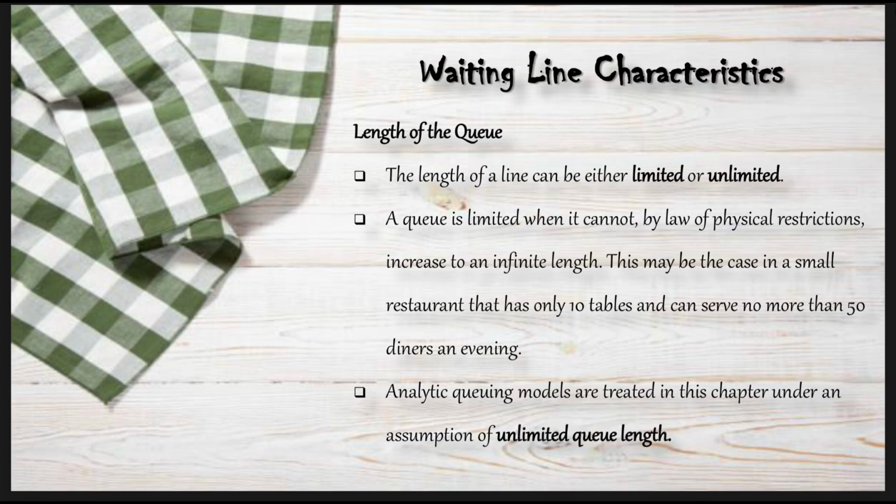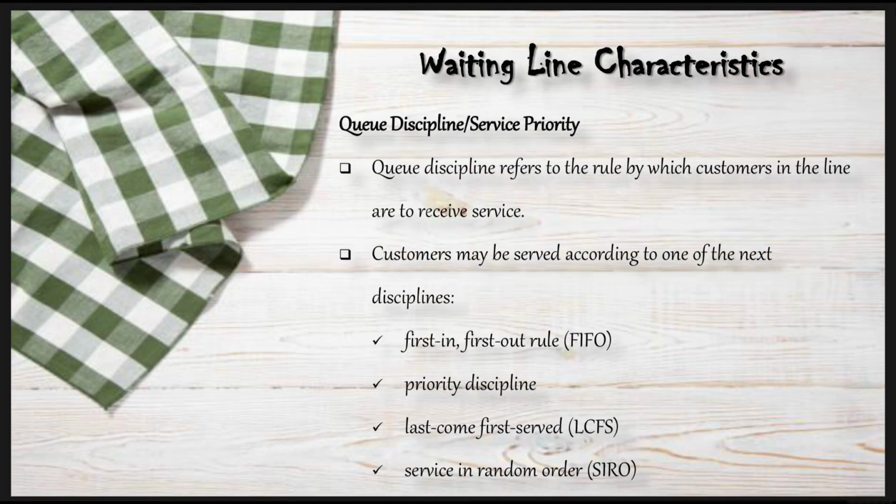So, analytic queuing models are treated in this chapter under an assumption of unlimited queue length. Okay? A queue is unlimited when its size is unrestricted, as in the case of a toll booth serving arriving automobiles.